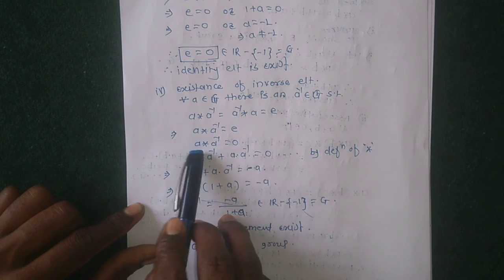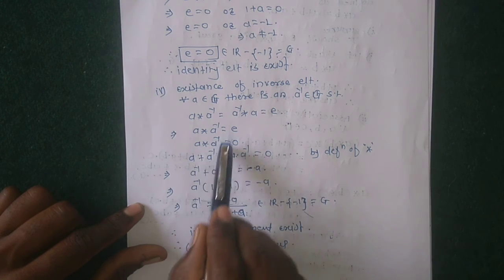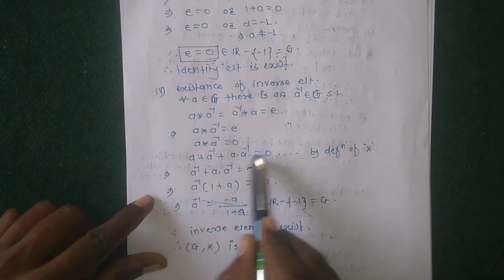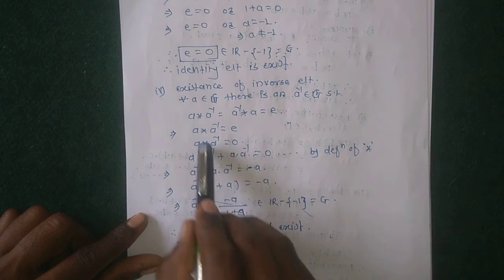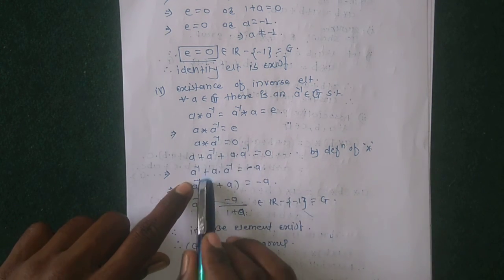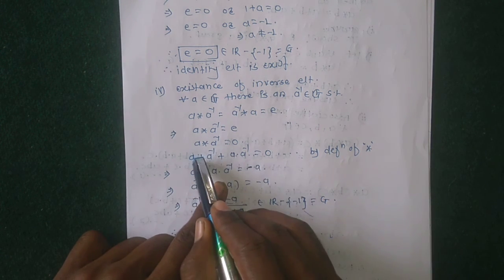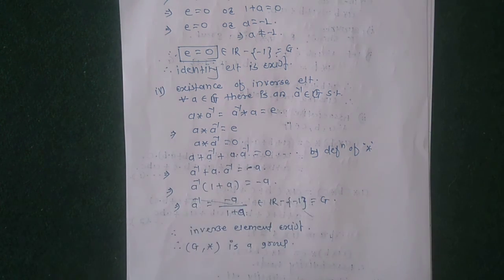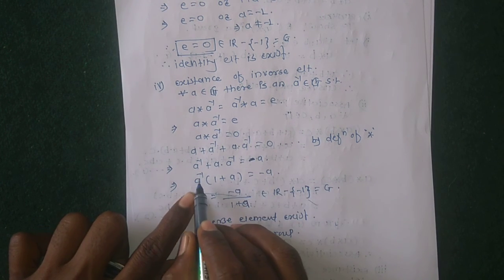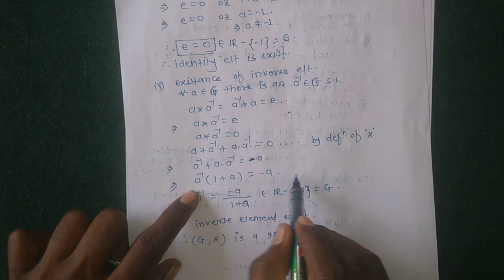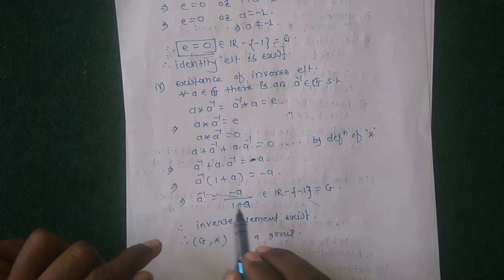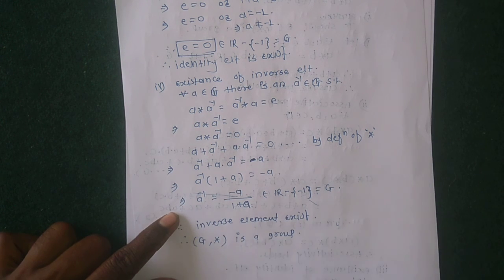By the definition of the given binary operation, a star a inverse equals first element plus second element plus product of first and second, equal to 0. Rearranging, a inverse plus a into a inverse equals minus a. Here a inverse is common, so a inverse into 1 plus a equals minus a, and on the right-hand side we get the denominator. Here a inverse equals minus a divided by 1 plus a.